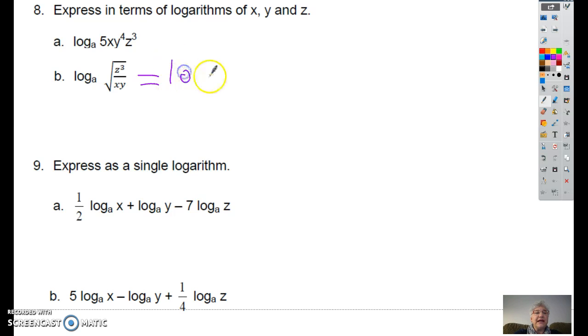So before I do any kind of expanding, I'm going to say log base a of z cubed over x to the first, y to the first, because if I don't have exponents and I'm doing power to a power, I need to see what exponents x and y have. And then since the radical is square root, that means that the whole thing is raised to the 1/2 power.